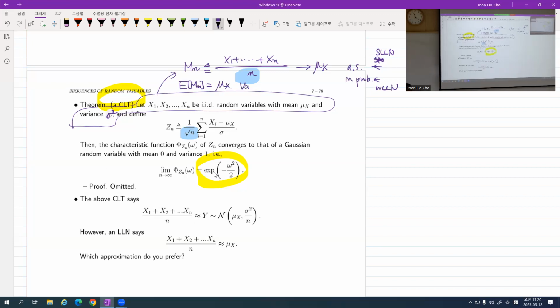What is the variance of m sub n? What you do is that you subtract the mean from m sub n. What is that? Mu sub x equals n times mu sub x divided by n, right? So you can actually subtract the mean from each x sub i. So this is the same as the expectation of what?